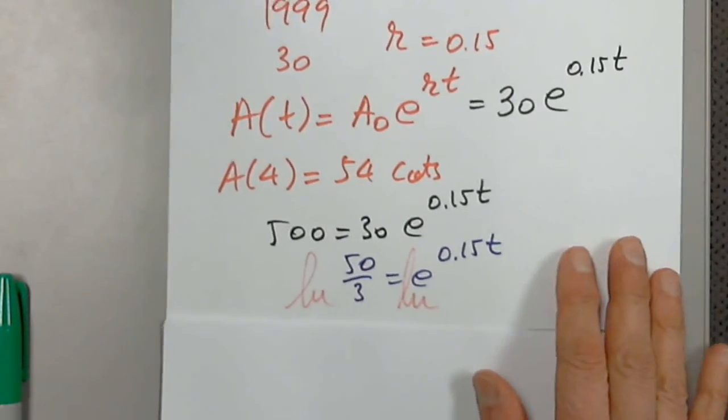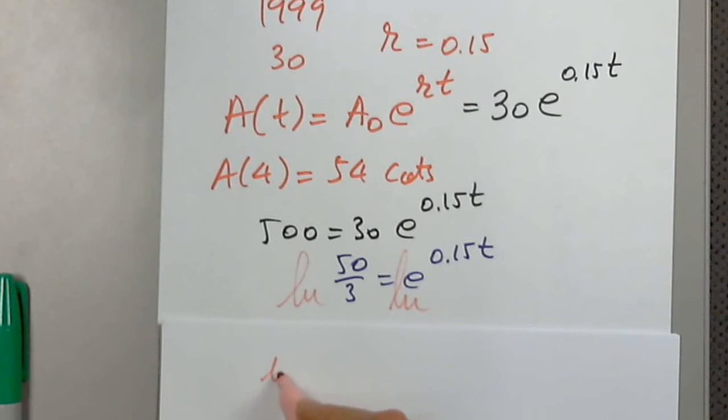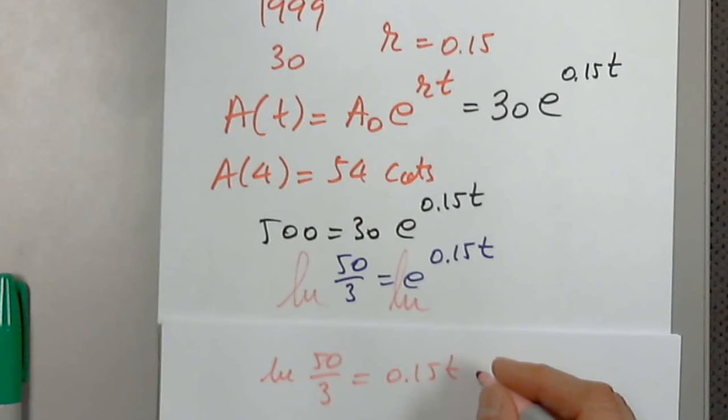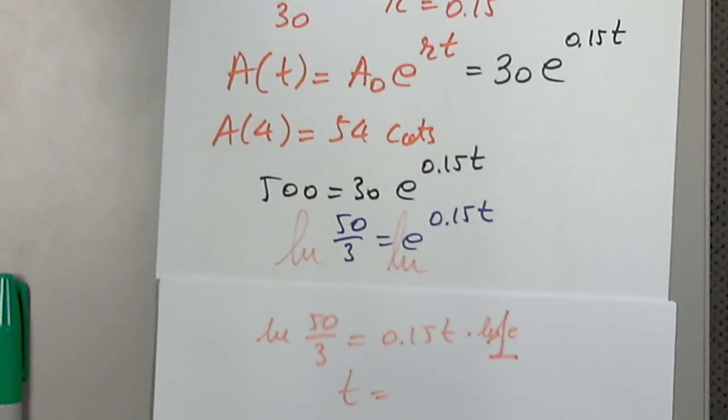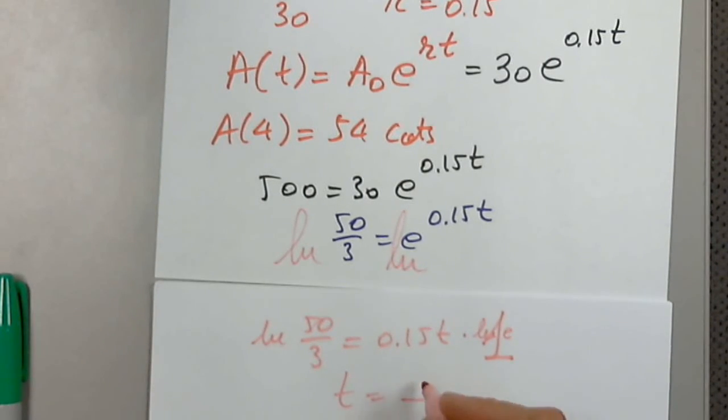So natural log of 50 divided by 3 equals 0.15t. How come I don't write multiply by natural log of e? Because it's 1. Very good. So finally, t. How long will it take for this population to grow from 30 to 500? Natural log of 50 over 3 divided by 0.15.